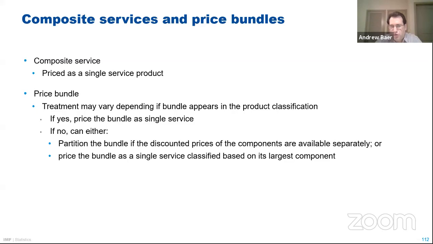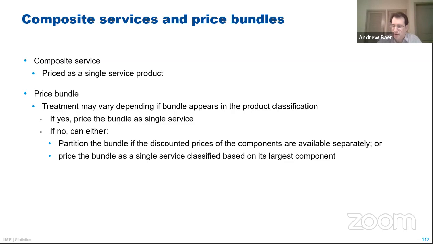Okay, so the classic example of bundles is telecommunications. Phone service and television programming services and streaming and internet, all together. So in the US, the product classification system now includes a product for bundled telecom.